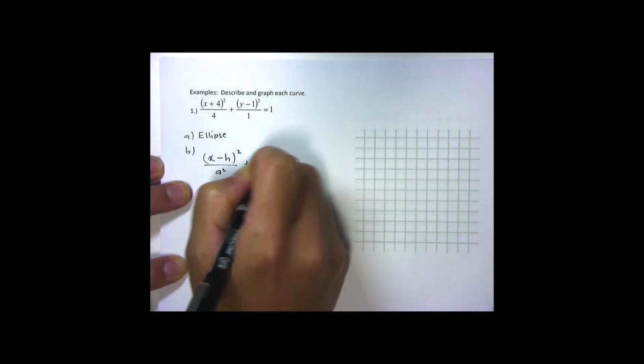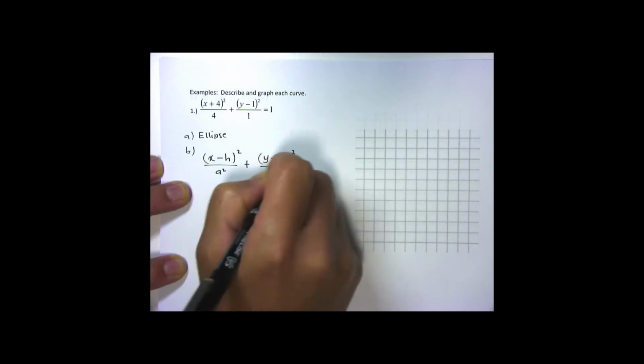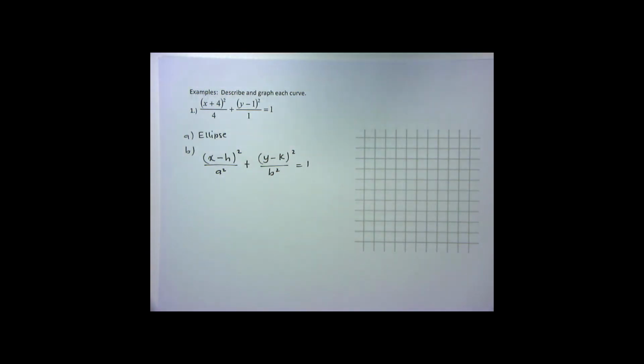So what I would like to do is, again, rewrite that formula here. We have (x minus h) quantity squared over a squared plus (y minus k) quantity squared over b squared equals 1. You certainly don't have to rewrite this equation each time. I just want to do this for comparison.